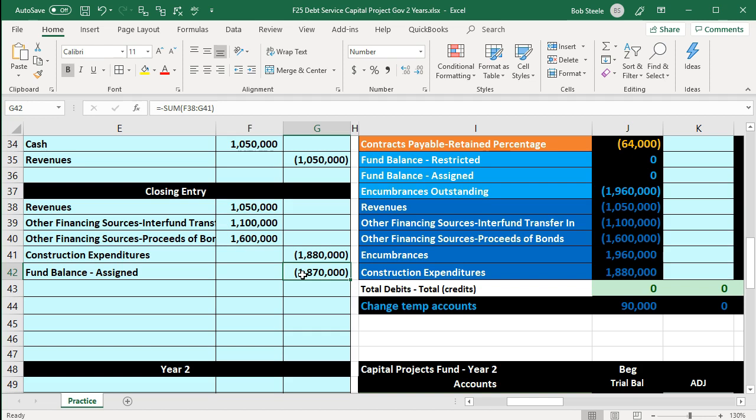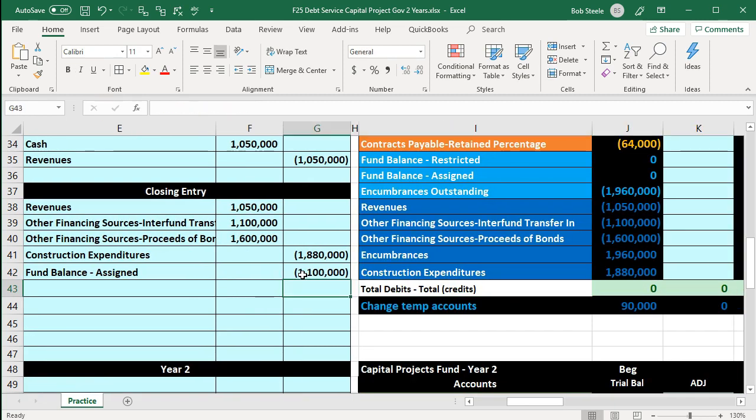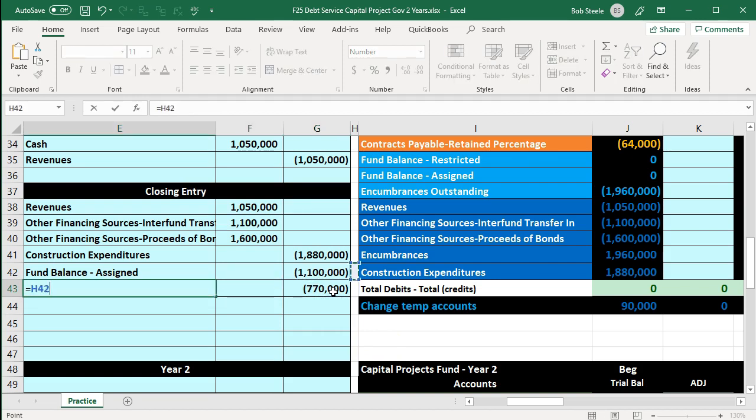And I'm going to delete this actually and pick this up from our data. That's the 1,000,001. And then we'll do the negative sum to take the debits minus the credits. That's what we need to be in balance. And that's going to be the fund balance restricted. So there's going to be our transaction.